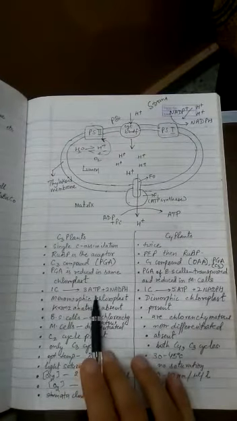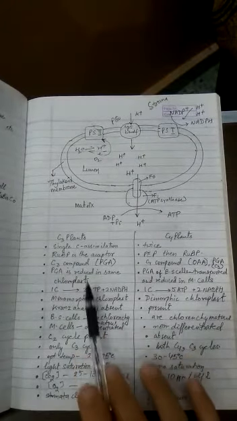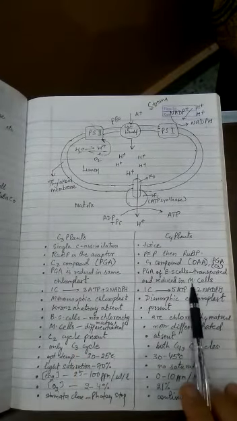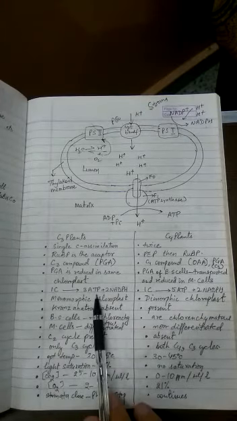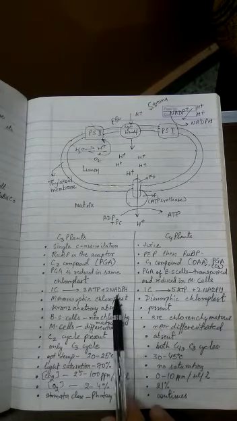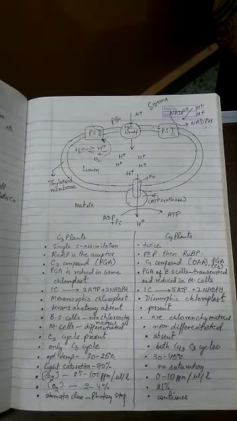So this reduction occurs in the same cell in C3 plants, but in a different cell in C4 plants. Now one carbon dioxide to be fixed requires 3 ATP and 2 NADPH in the C3 plants. But in the case of the C4 plants, one carbon dioxide fixation requires 5 ATP and 2 NADPH. So there are extra 2 ATPs required for every fixation of carbon dioxide.